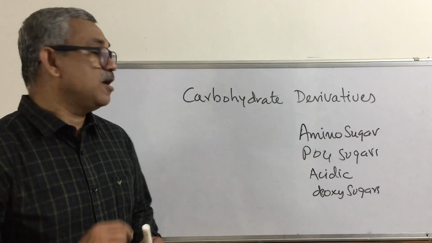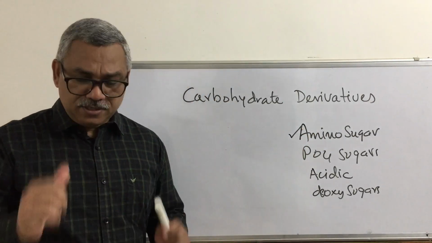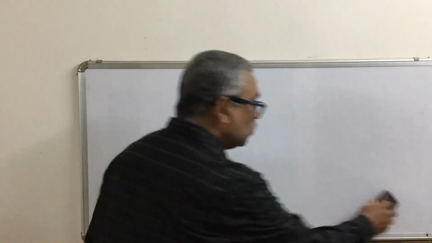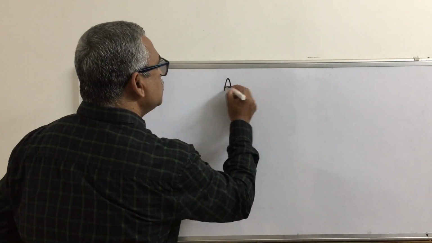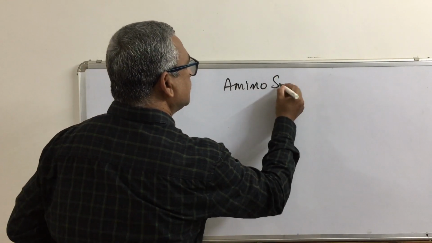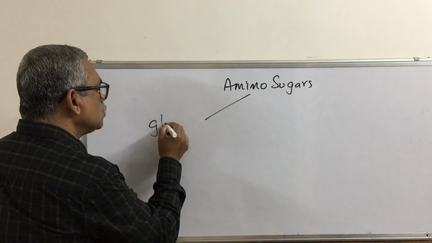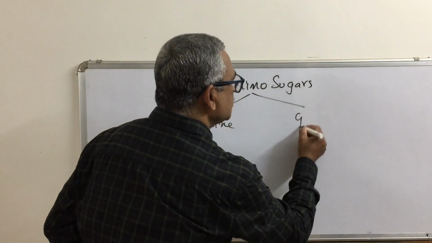Let us begin by looking at amino sugars. The most important amino sugars are glucosamine and galactosamine.